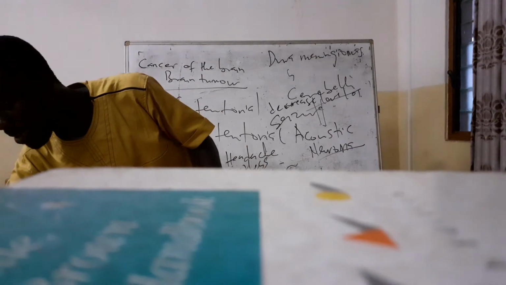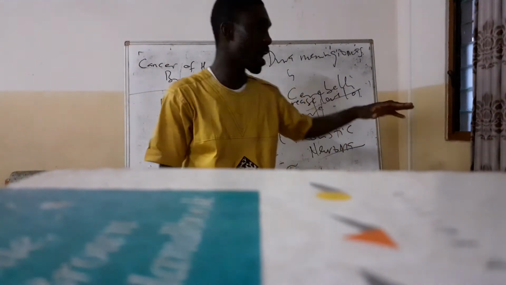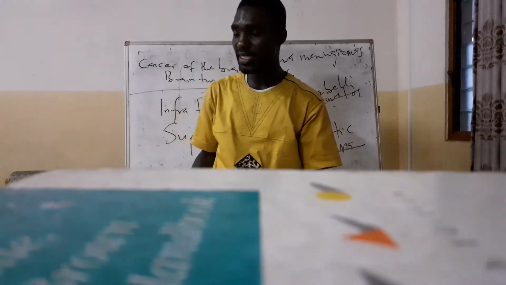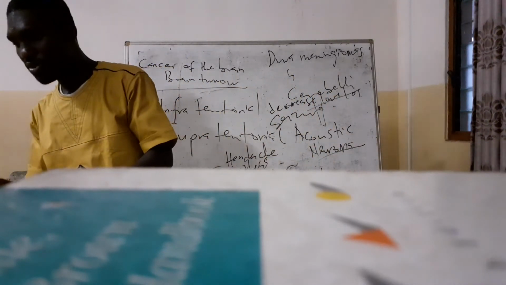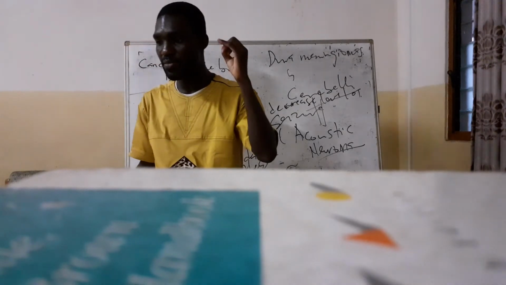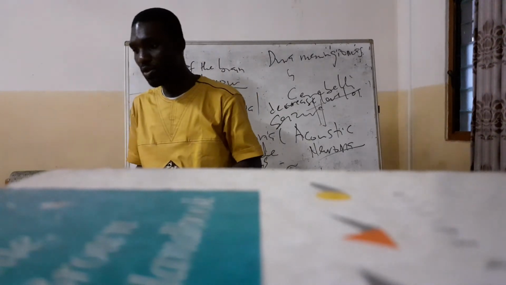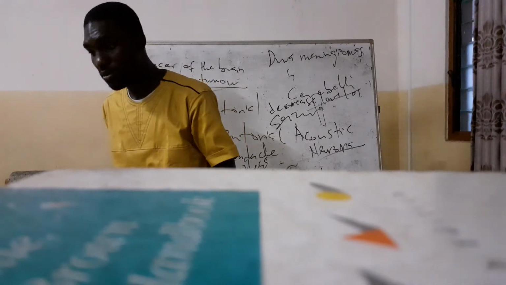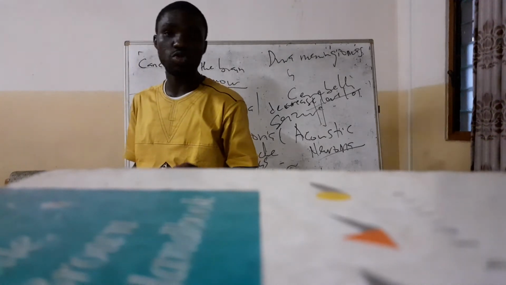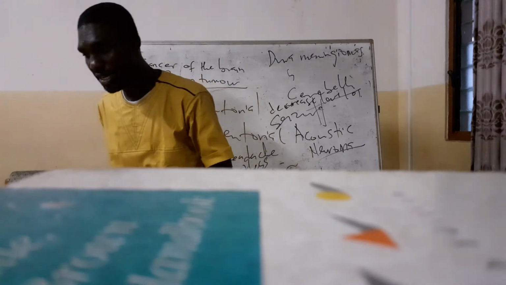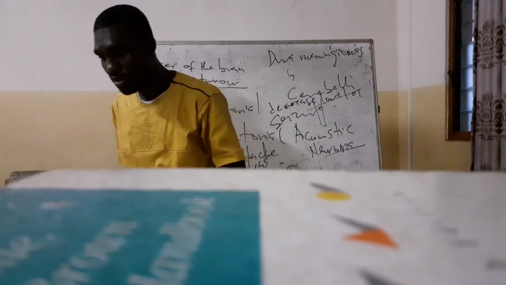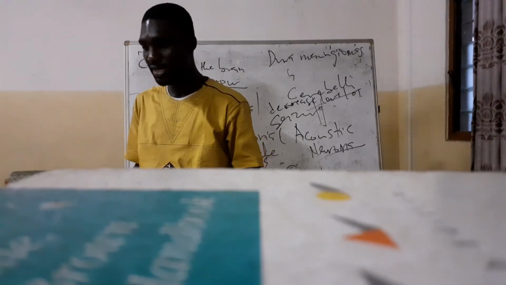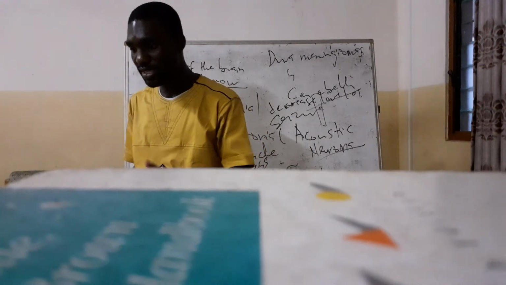So if it's a supratentorial brain damage, then it can lead to cranial nerve dysfunction. So there can be absence of gag reflex. There can be loss of blink response. So you are bringing something close to the eyes and the patient cannot even blink. There can be severe headache. There can be visual disorders, like blurred vision and all that.